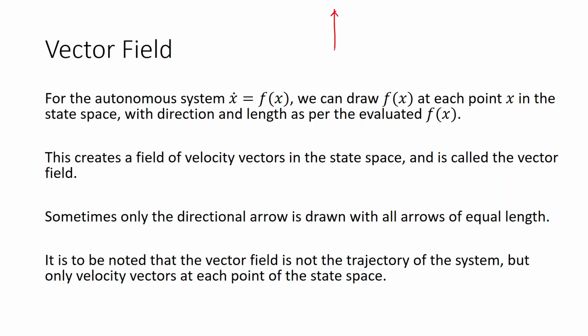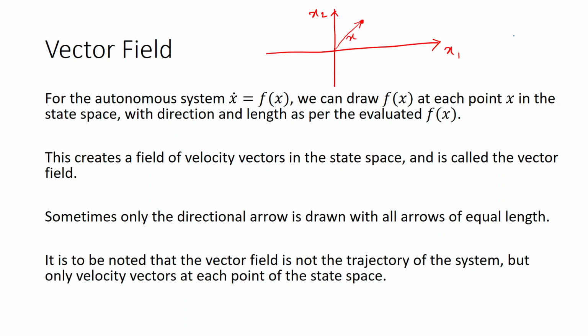If you have a state space x1, x2, at any point x, you know this is the vector x, you know what your x1 and x2 are at this point, and you calculate your f(x1, x2).